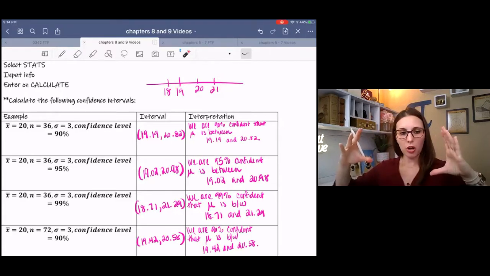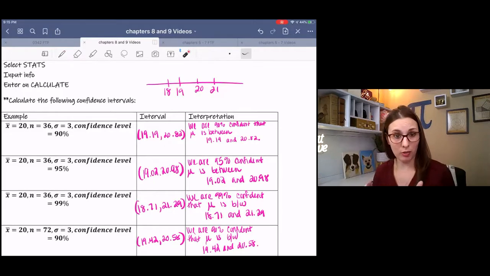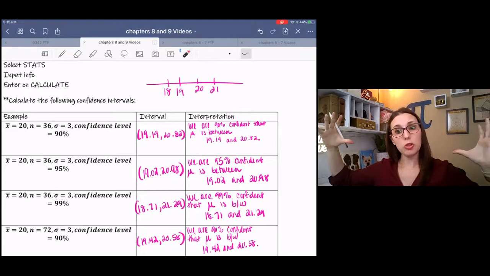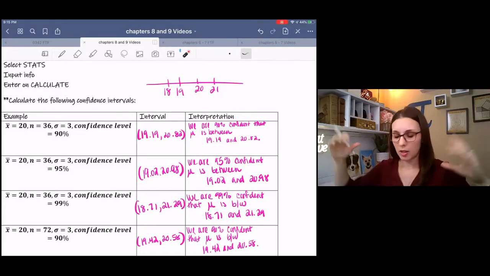So as our confidence level gets bigger, we're casting a wider net on our confidence interval. If we're going to be more confident, we're going to say, oh, we're 99% sure, then they're going to cast a wider net to capture the possibility that the population mean will be in there.